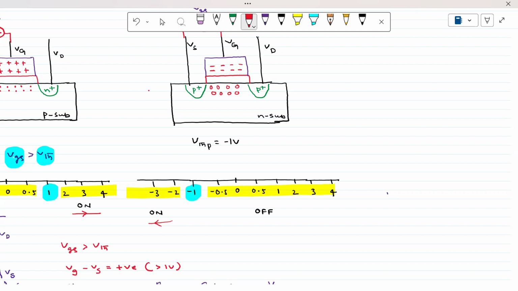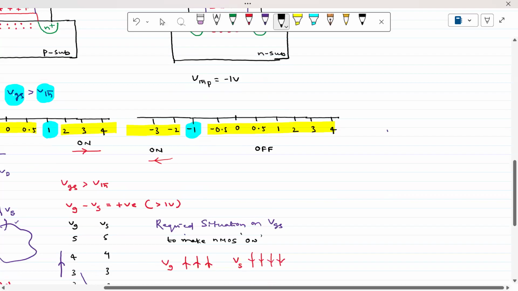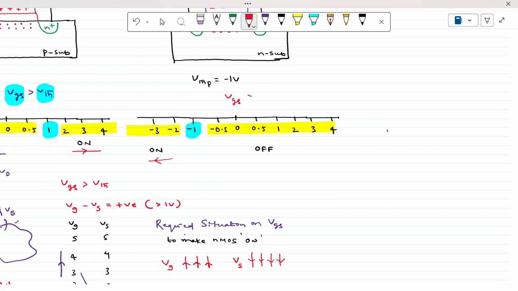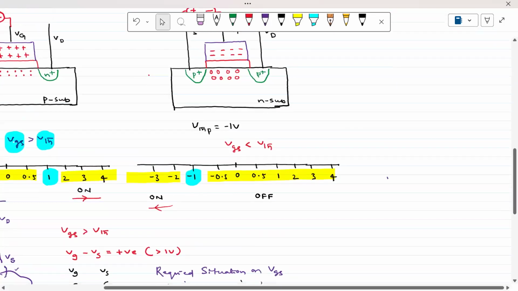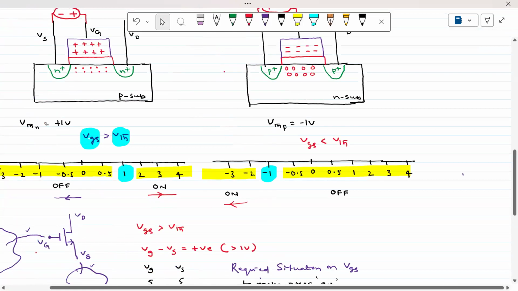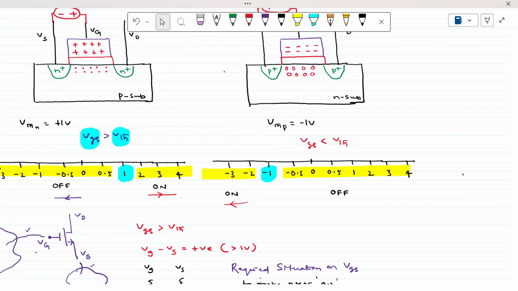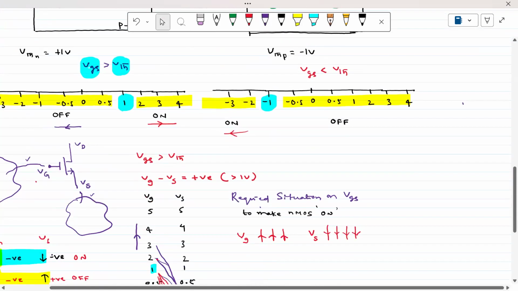Therefore, what we can say here, look at this one. Shall I write like this? VGS value is greater than threshold voltage. I'm so sorry, it is less than the threshold voltage. Can somebody help me? What is the meaning of this one? Of course, in the positive direction, VGS is greater than VTH in the NMOS transistor. It doesn't have any problem because it is all positive quantity. But here, VGS is less than VTH means what?